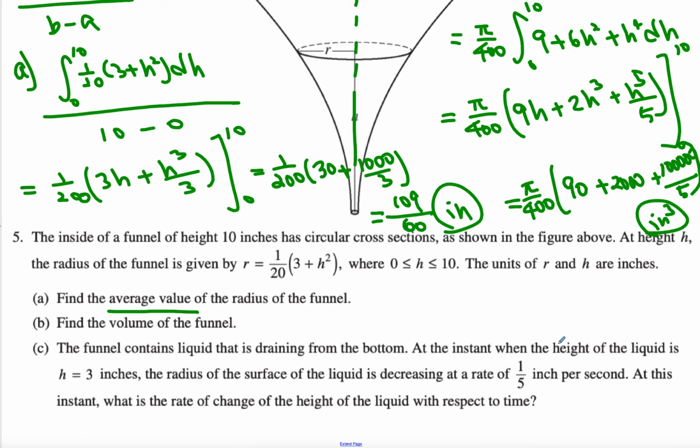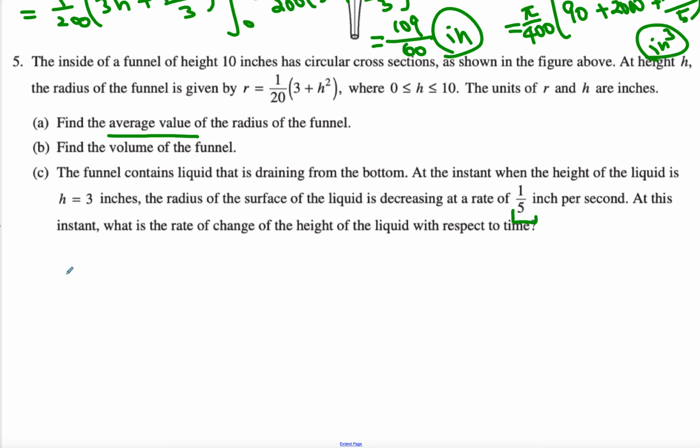Let's look at part C. The funnel contains liquid that is draining from the bottom. At the instant where the height of the liquid is 3, the radius of the surface of the liquid is decreasing at this rate, so that means dr dt. At this instant, what is the rate of change of the height with respect to time?